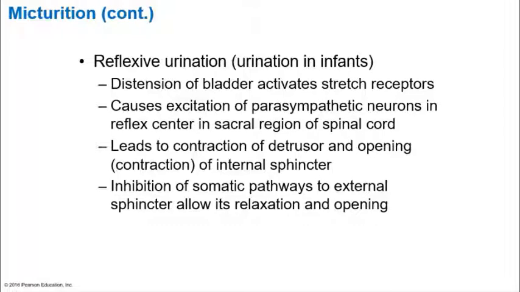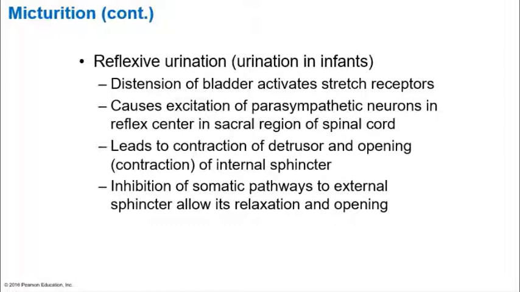So when that little baby's bladder fills with urine, it's going to stretch. Receptors are going to notice the stretching. Parasympathetic sensory neurons are going to tell the spinal cord. Spinal cord is going to use a motor neuron to tell the detrusor muscle to contract and the internal urethral sphincter to contract and open.